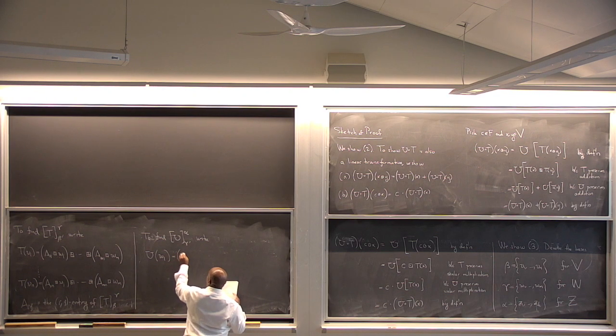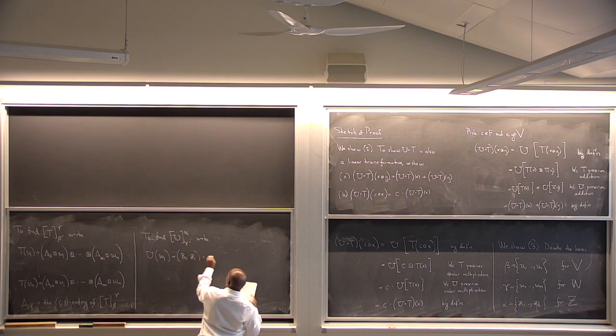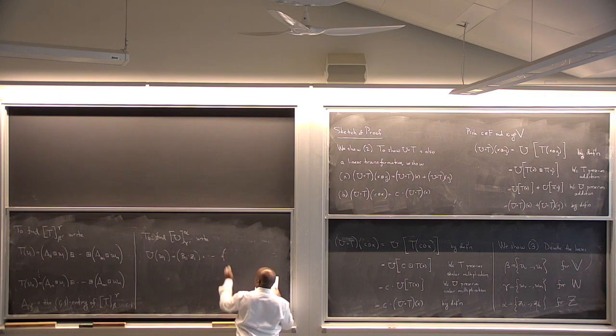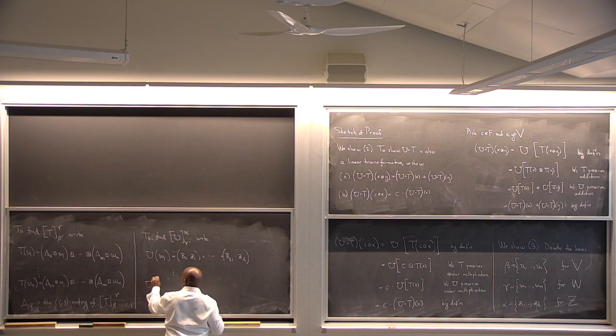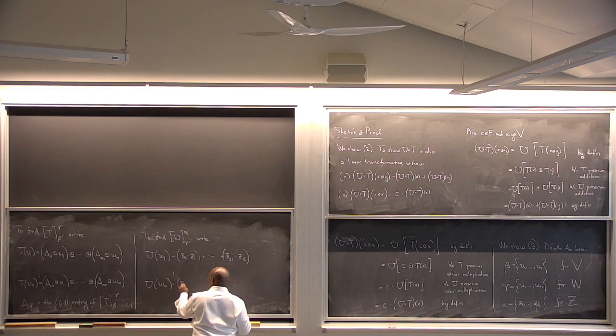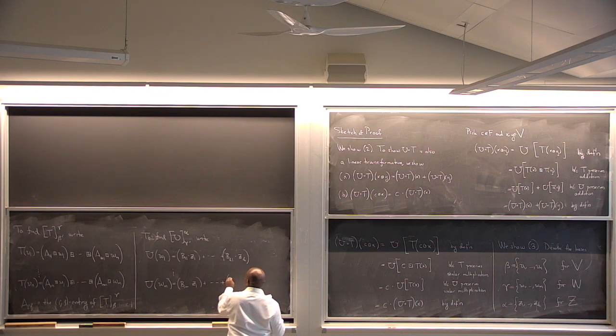So this is some maybe B11 times Z1 through perhaps, let's say, some BK1 times ZK, all the way down through WM. And now this will be some B1M times Z1. And this will be some BKM times ZK.